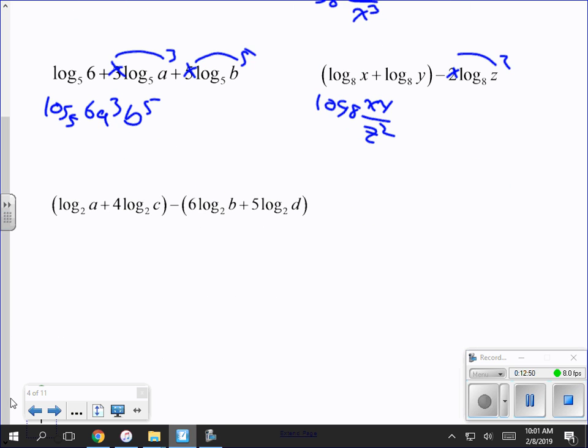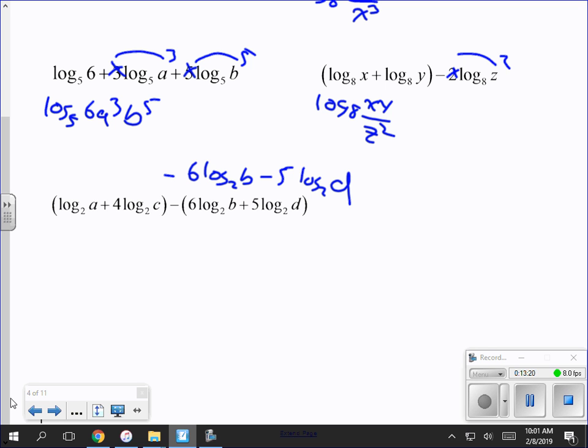And then the last one, once again, the subtraction is everything here subtracted. So that means everything that's in there goes to my denominator. This is the same as if I had minus 6 log base 2 of b minus 5 log base 2 of d, those would still go in the denominator anyways, because they would both be subtraction.